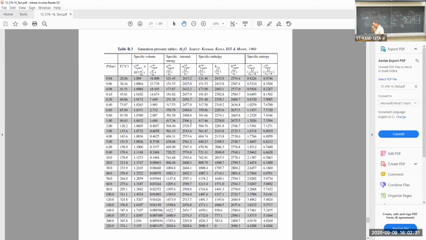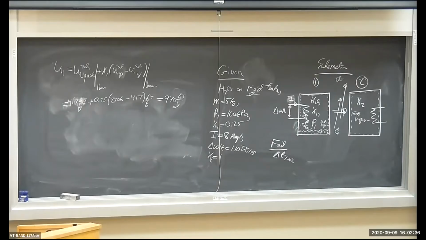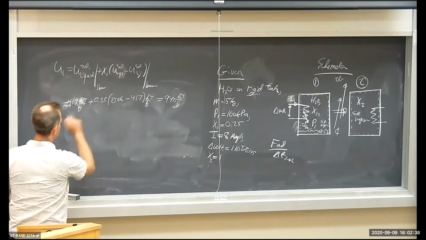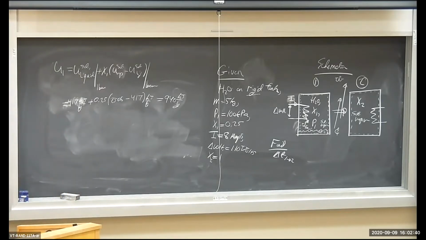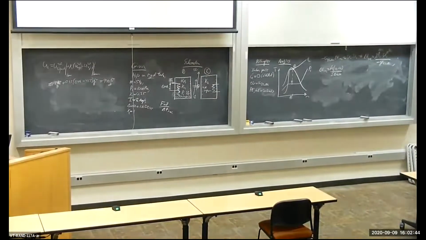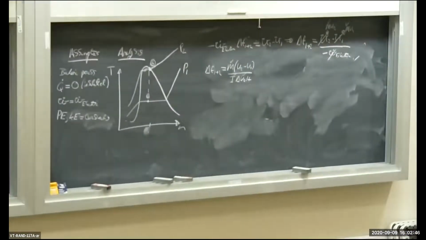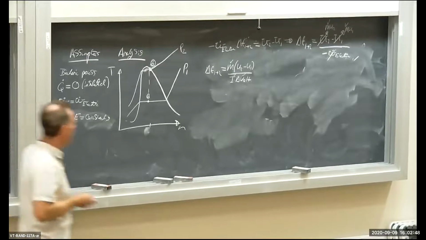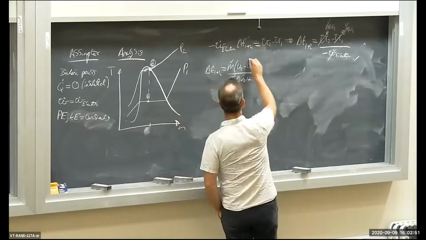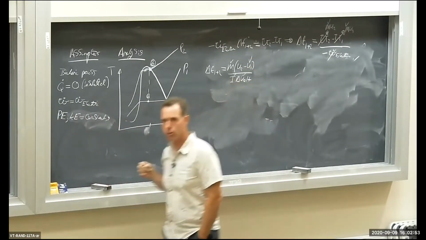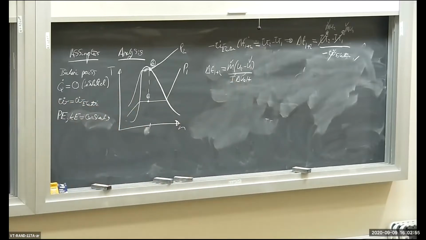Okay, so we've got the specific internal energy at state 1. Check. Now we need to get the specific internal energy at state 2. To do that, we have to know something about state 2.